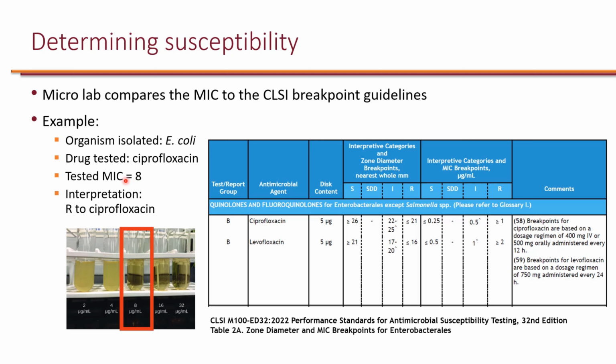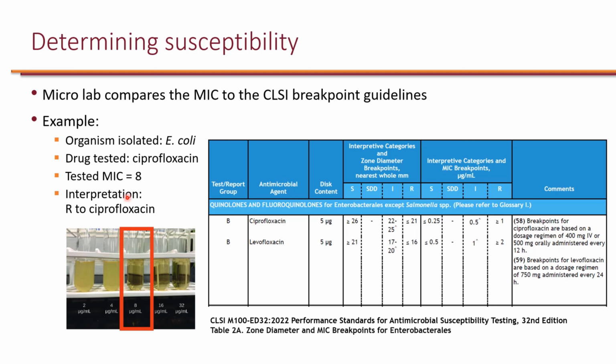So just knowing the MIC is 8 doesn't tell us whether we can use ciprofloxacin or not. What we need to do is interpret this MIC. In the CLSI document, I put a screenshot of the table here. You can see that for MIC, to be susceptible it has to be less than or equal to 0.25, and anything greater than or equal to 1 is resistant.